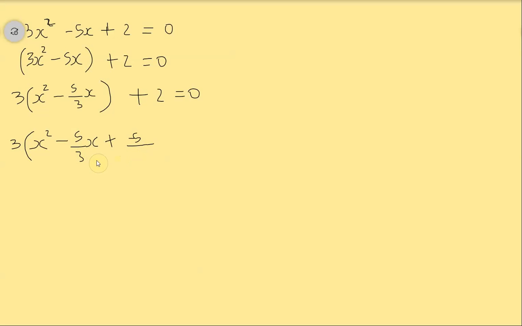Now if you half negative 5 upon 3, then what you would get is negative 5 upon 6. Forgot to use square brackets instead.